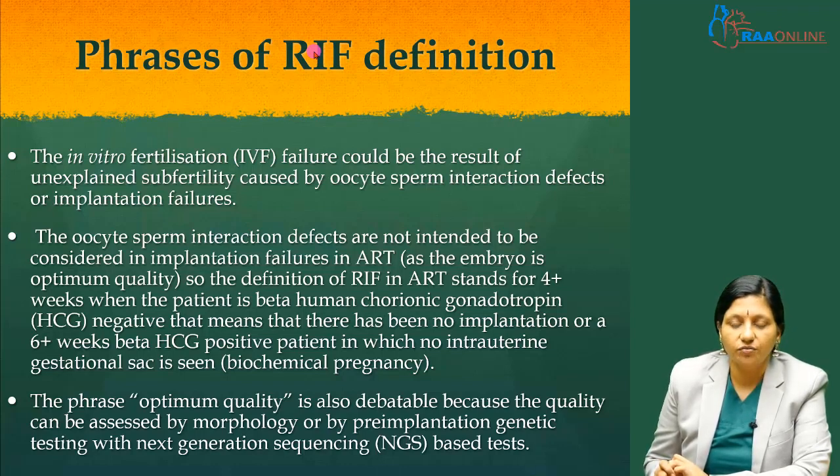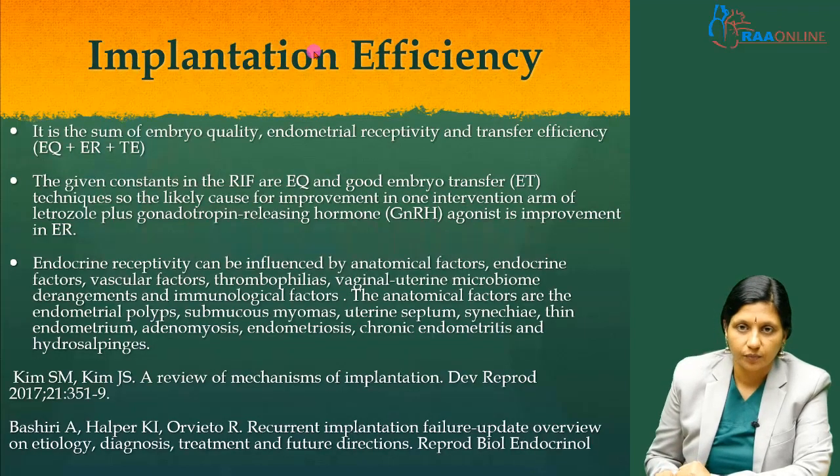The definition of recurrent implantation failure in ART stands for 4+ weeks when the patient is beta HCG negative, that means there has been no implantation, or 6+ weeks beta HCG positive when no intrauterine gestational sac is seen. The phrase optimum quality is also debatable because the quality can be assessed by morphology or by pre-implantation genetic testing with next generation sequencing based tests.